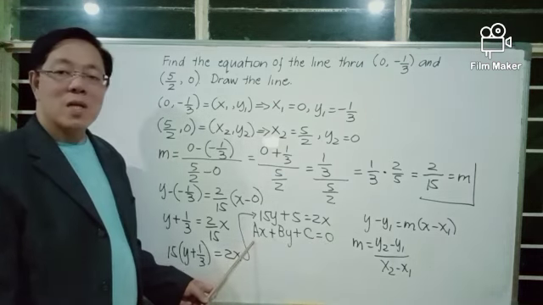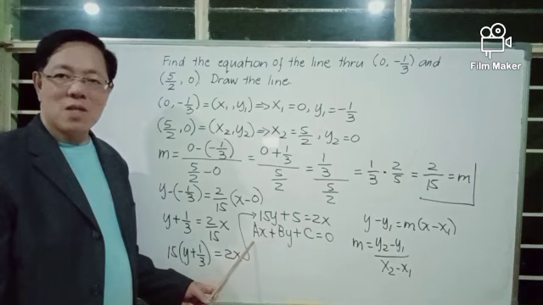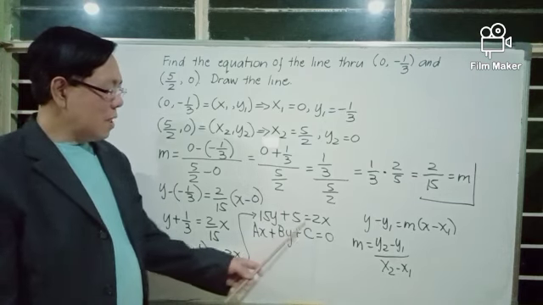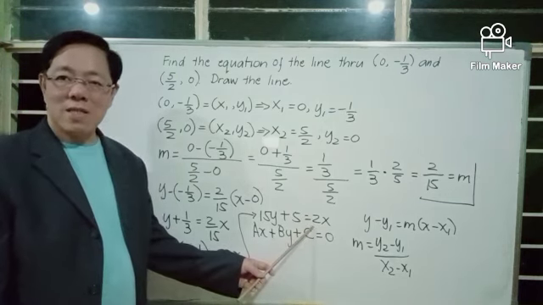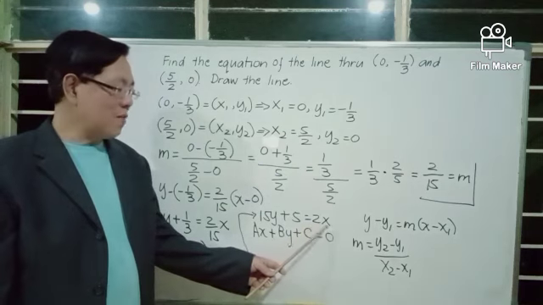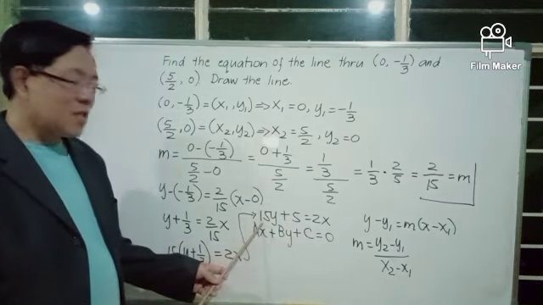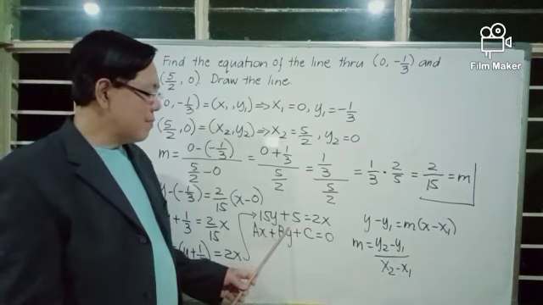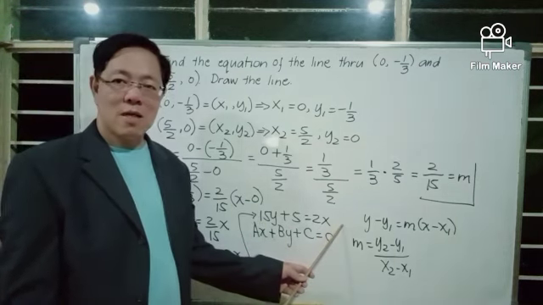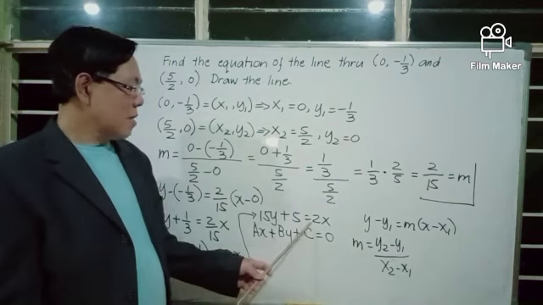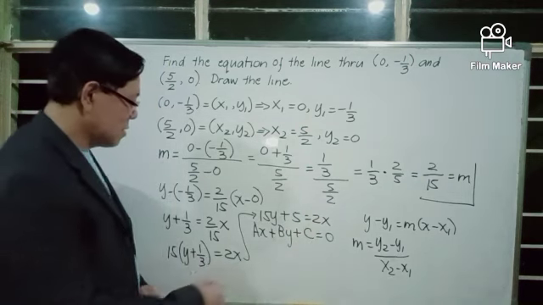And we usually want a positive coefficient for x. At the right, if we retain 2x at the right hand side, its coefficient will remain positive. Hence, we transpose 15y and 5 to the right hand side. At the right hand side, we have 2x.